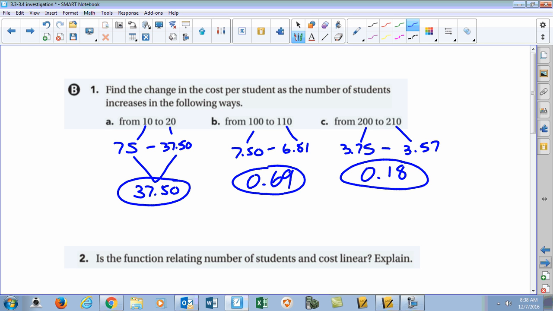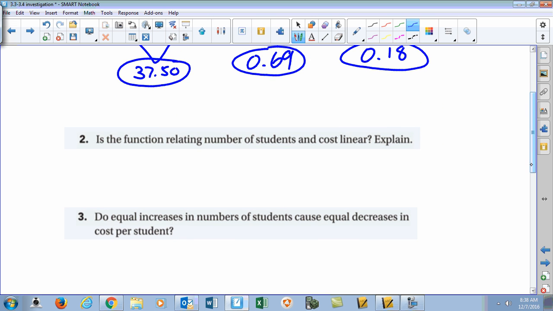So number 2 says, is the function relating the number of students to cost linear? So is this linear at all? No, and again, it's not linear because what? There is no constant rate of change. So this is not linear, no. Because there is no constant rate of change.